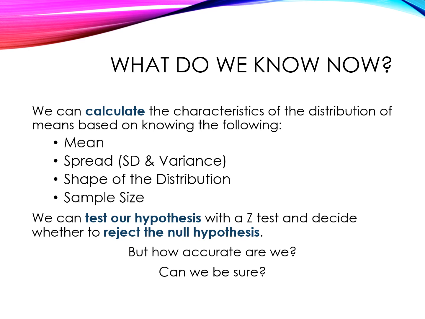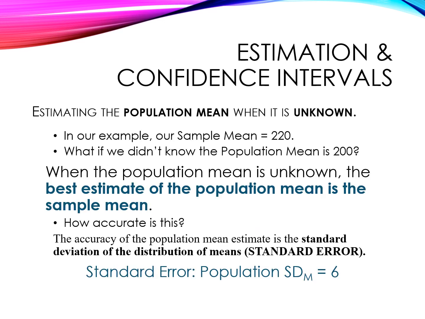And so because we'll never know for sure if the null hypothesis is true, we can only show that our evidence gives us support to reject it, okay? So we can reject it and reject it and reject it. The more we reject it, the more support we have for the belief that the null hypothesis is false, but we can never prove that it's false. Okay. So let's talk about confidence intervals.